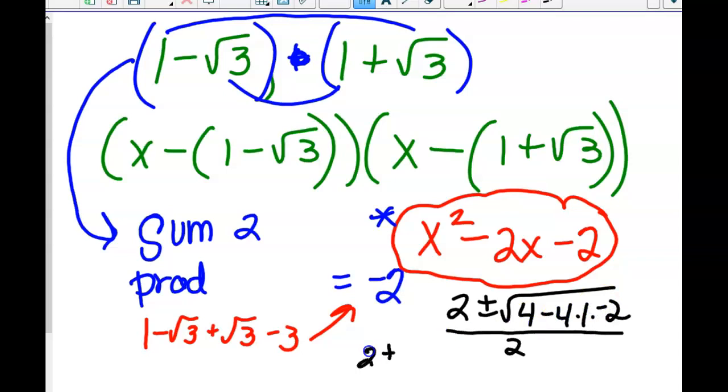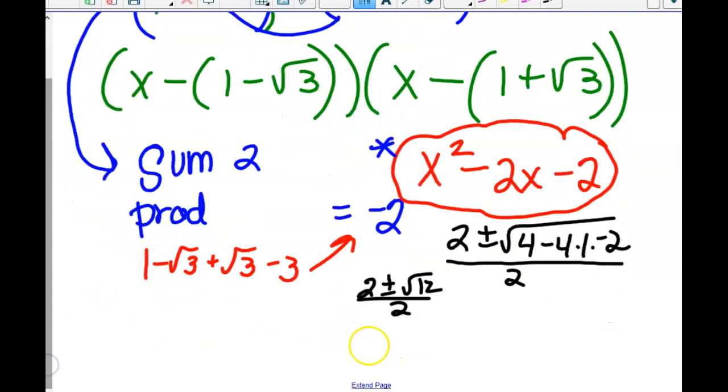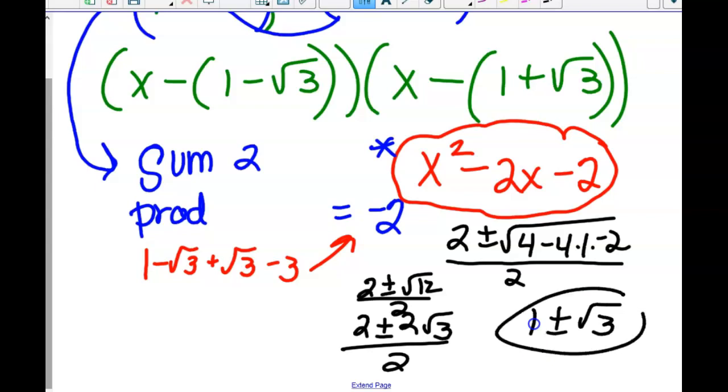So I'd have 2 plus or minus the square root of 4 plus 8, which is 12, all over 2, which would be 2 plus or minus 2 square roots of 3 all over 2. Well, 2 and 2, I can divide everything by 2. Is that what we started with at the beginning of this problem? Okay. So have I proven to you that it works?